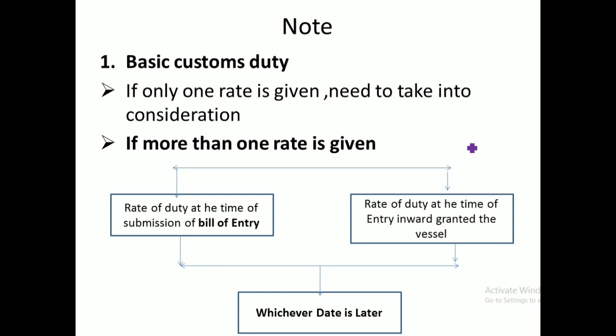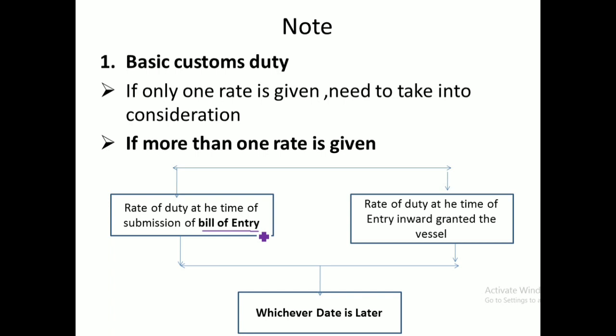And in the problem, if basic custom duty rates have been given more than once, we need to consider the rate of duty at the time of submission of the bill of entry.